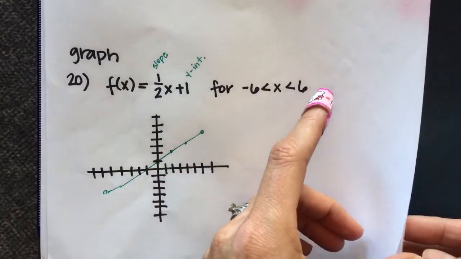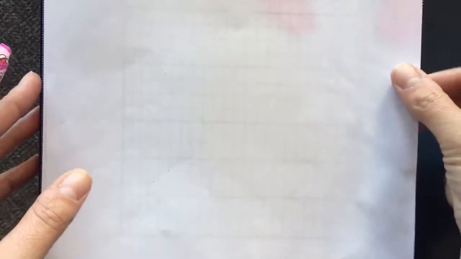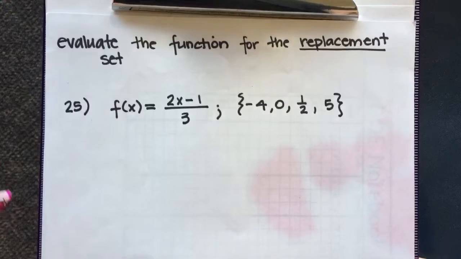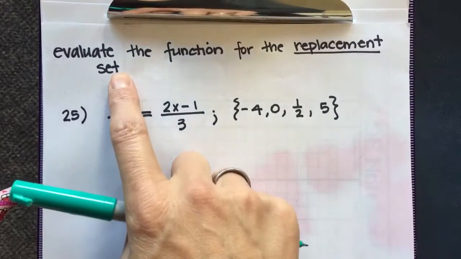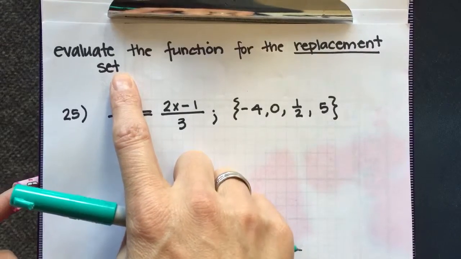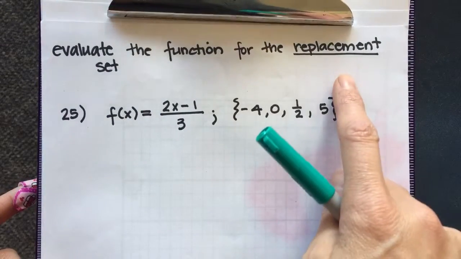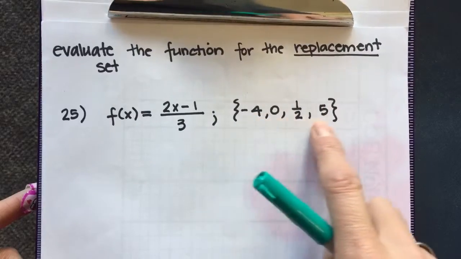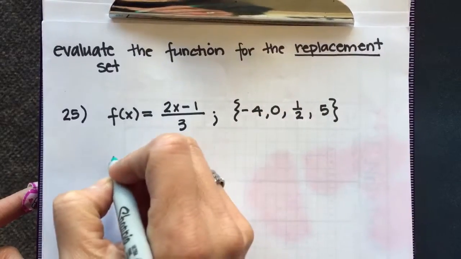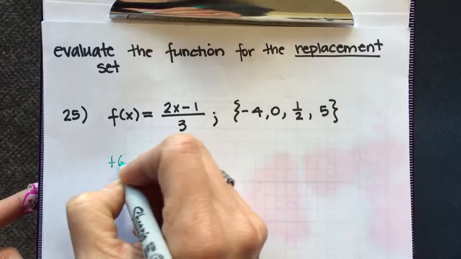And the last one for today, number 20, is not a new problem, just the way that they phrase the question is a little bit different than the example that we did in class. Evaluate means get a numerical answer, the function for the replacement set. So that means you're going to replace the variable with these numbers. These are going to be your inputs. So this is how we wrote it in the other examples we did.